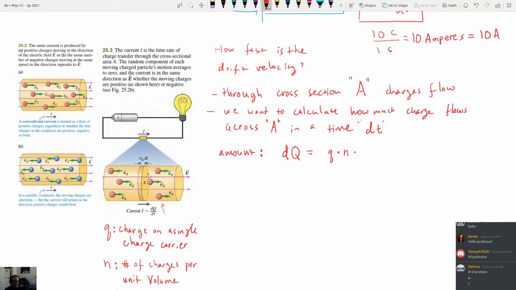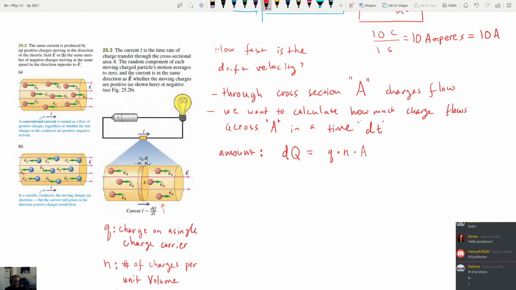What would the volume be? Just the cross-sectional area times the drift velocity times dt. So it's A multiplied by the drift velocity times this time interval.